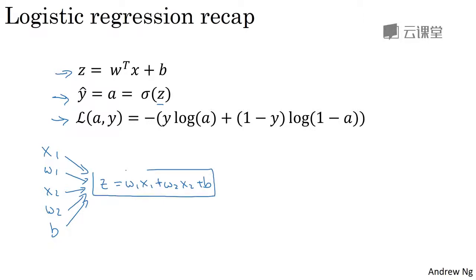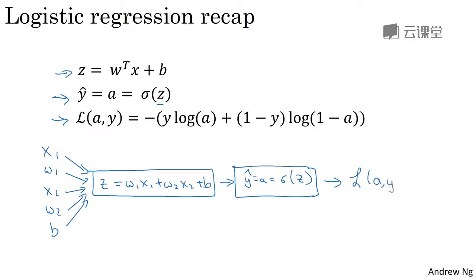Draw a rectangular box around that. And then we compute y hat, or a, equals sigma of z. That's the next step in the computation graph. And then finally we compute the loss L(a, y), and I won't copy the formula again.